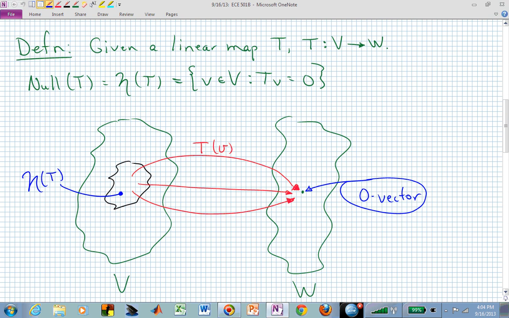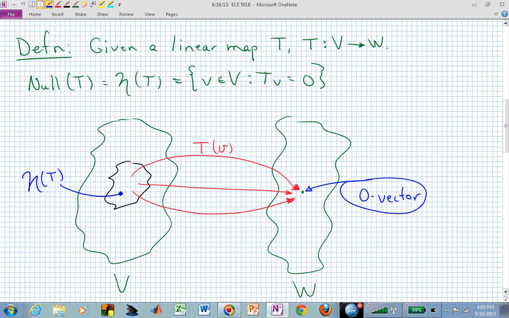There will be vectors in V that, when they get mapped through this linear transformation, go to the zero vector in our codomain W. We could have a vector X get mapped over here to 0. We could have a vector Y in this space, and it also goes to 0. Those vectors are then in the null space of this mapping.